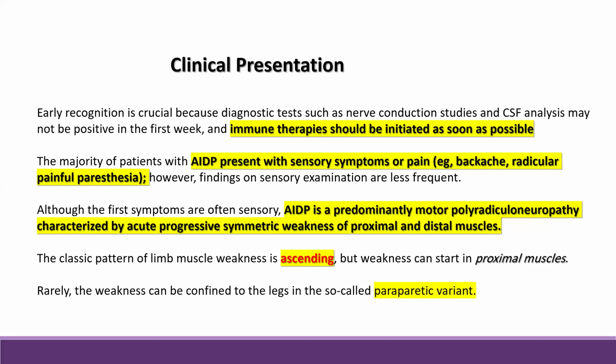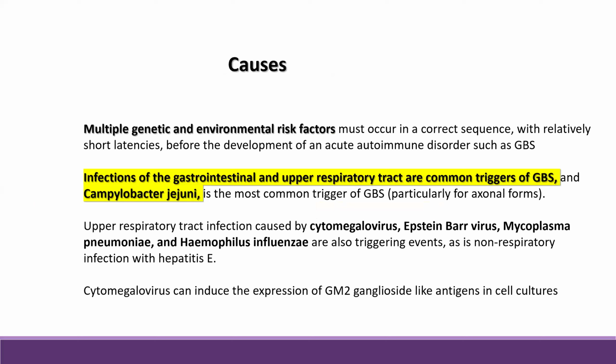In the clinical presentation, they present early on with symmetrical sensory involvement or weakness in an ascending pattern of the proximal muscle. The causes can usually be post-infectious, either gastrointestinal or upper respiratory tract infection.